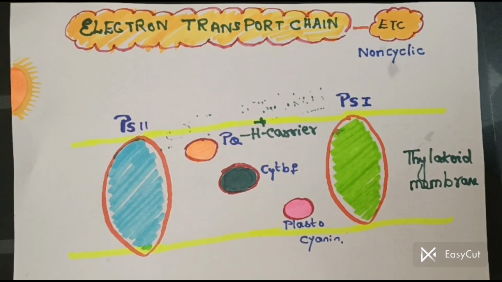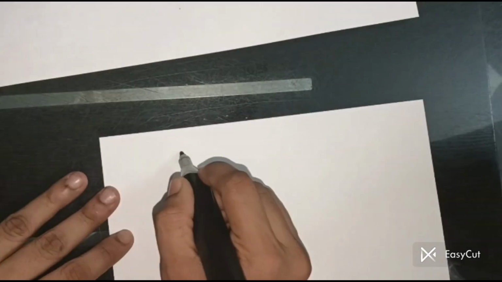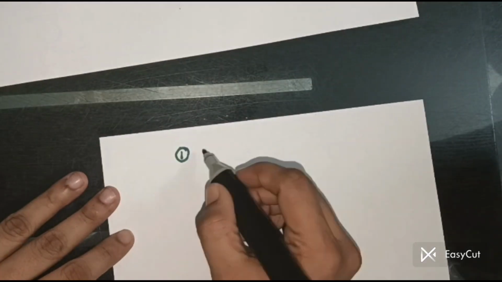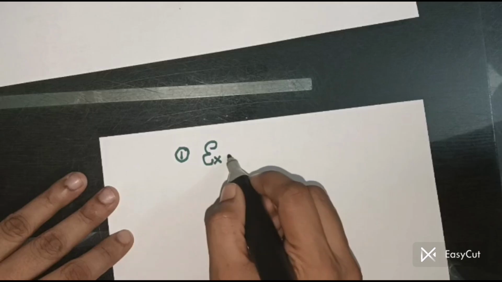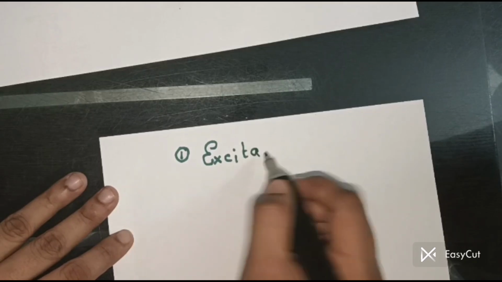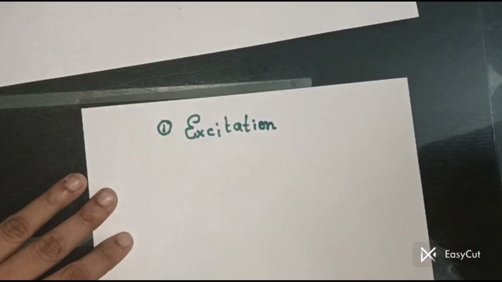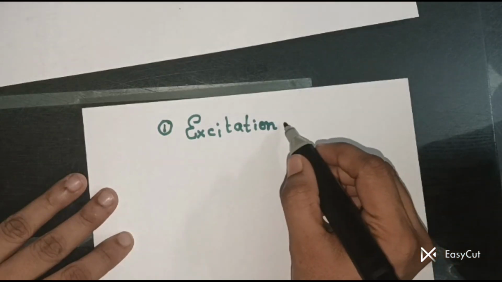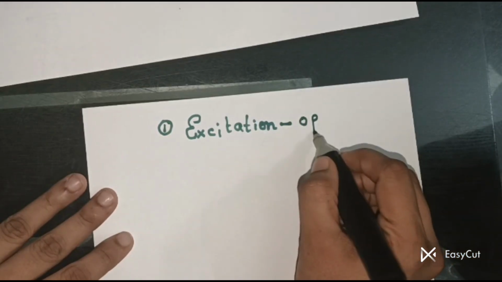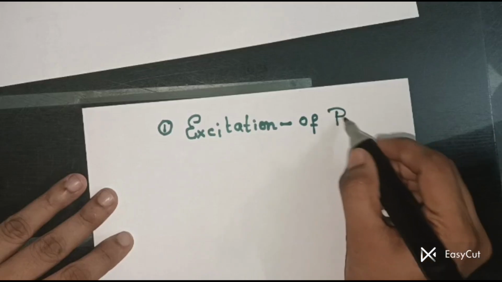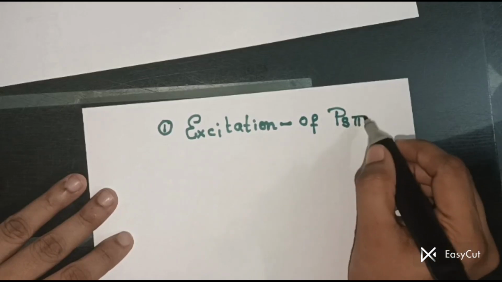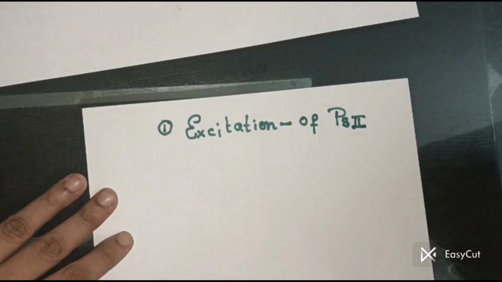What happens is, the very first step of the non-cyclic ETS is excitation. This should be very clear. The very first step of the electron transport system is excitation of, try to understand, I'm just teaching you at a very slow pace, excitation of PS2.